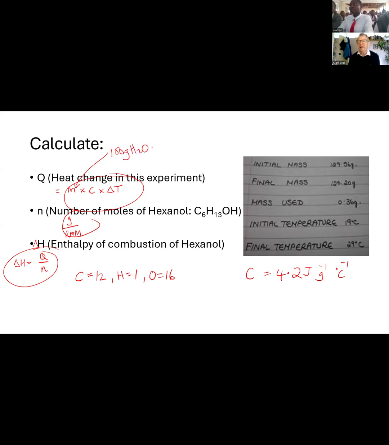That was what is being heated up. So the first bit is very easy.